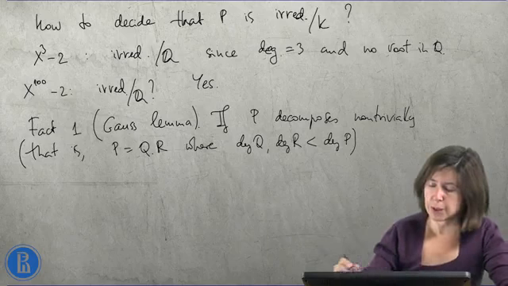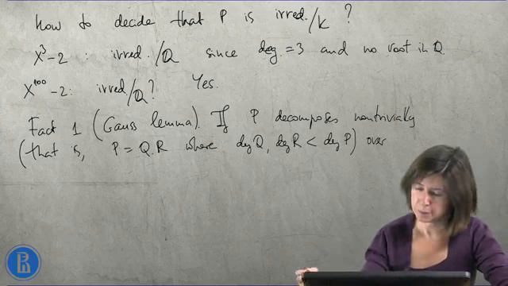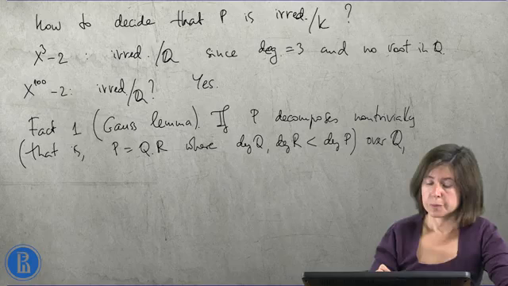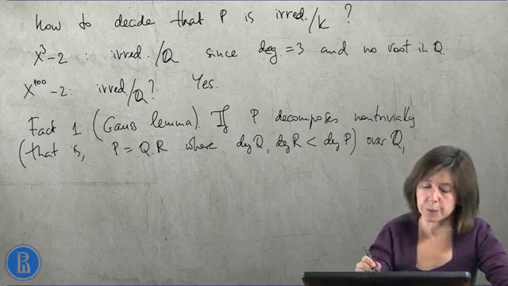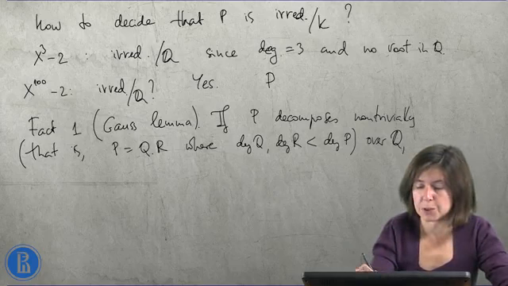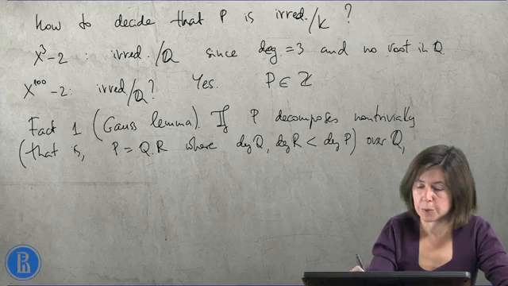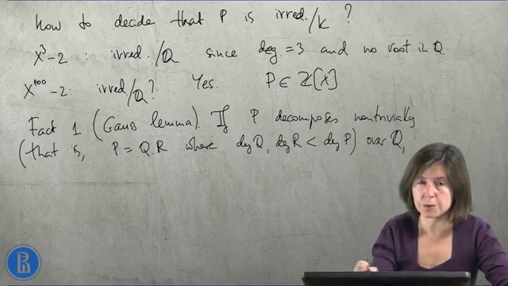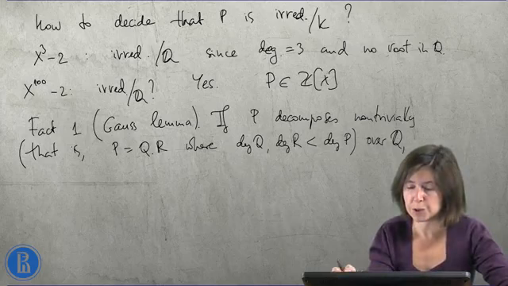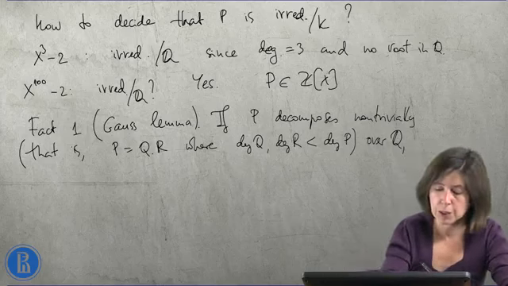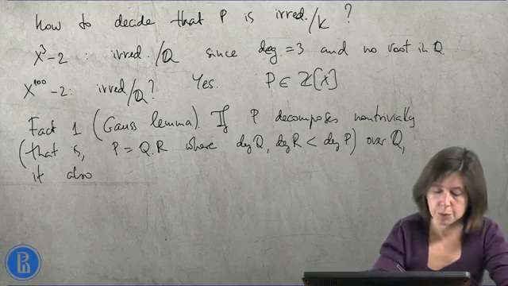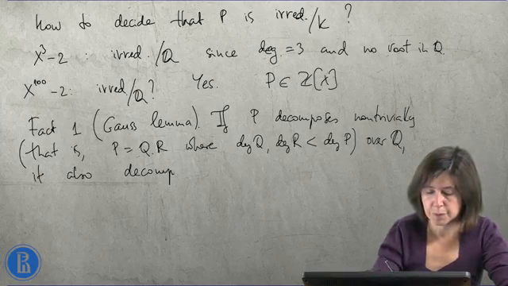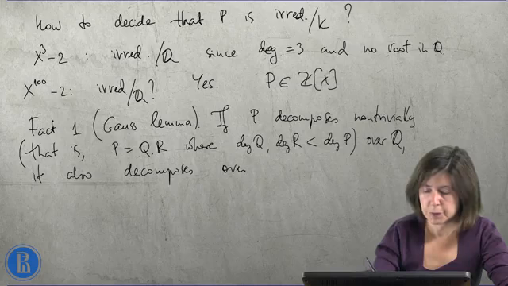So if this is the case over Q, then it is also the case over Z. Of course, I have to say that I am considering a polynomial with integral coefficients. So if such a polynomial decomposes non-trivially over Q, then it also decomposes over Z.